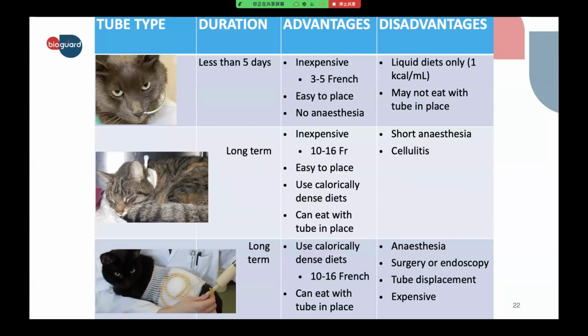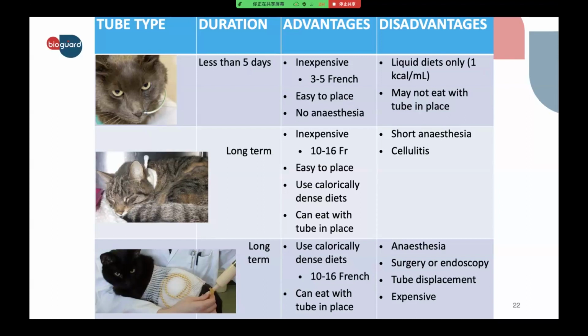So it's not commonly recommended for hepatic lipidosis cats, because many of these fatty liver cats keep not eating for a very long time, sometimes even 1 month, or 3 months, or several months.